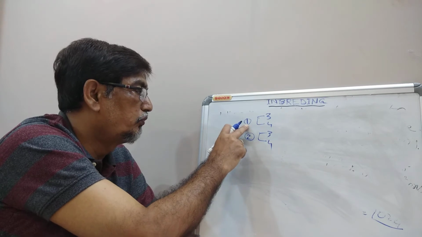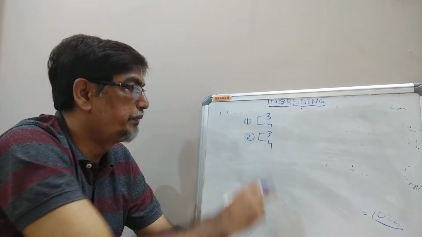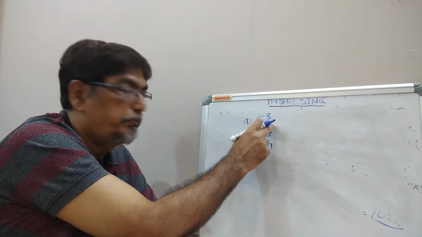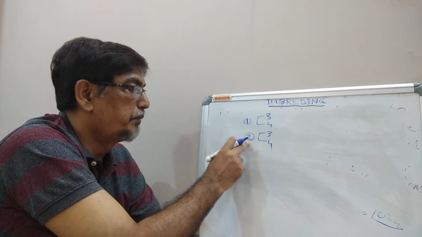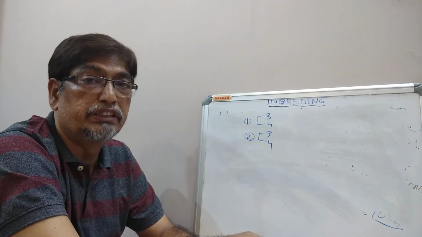Here individual 1's parents are number 3 and number 4. One must be the sire, another the dam, and the same sire and dam mated and produced 2. So they are full sibs.